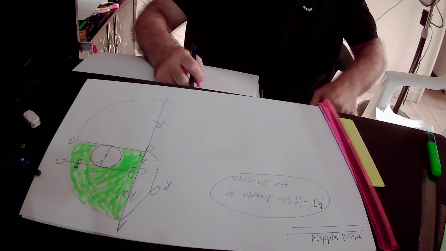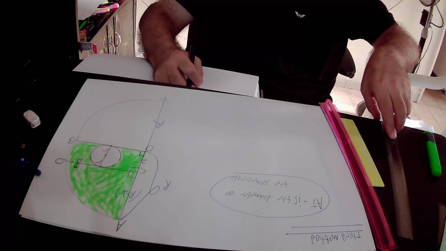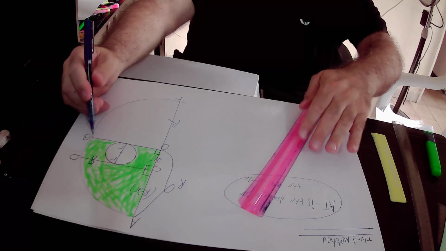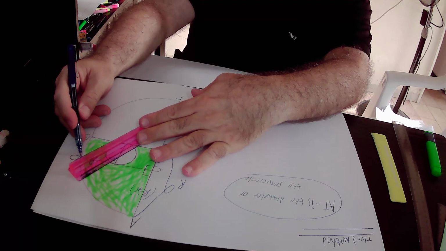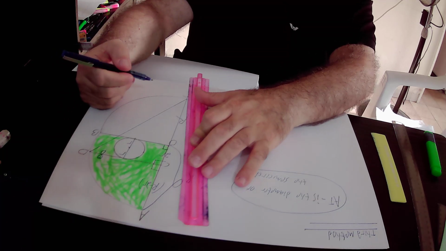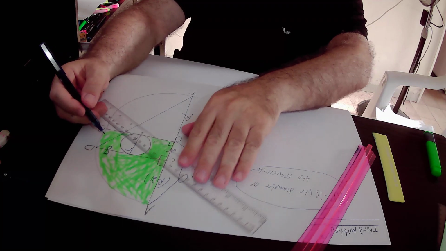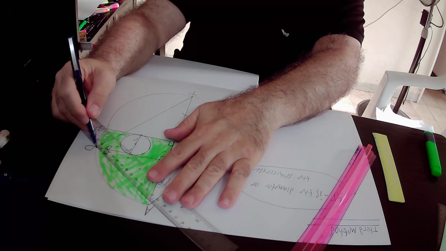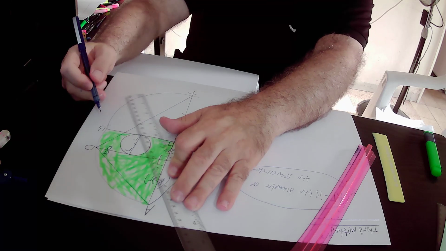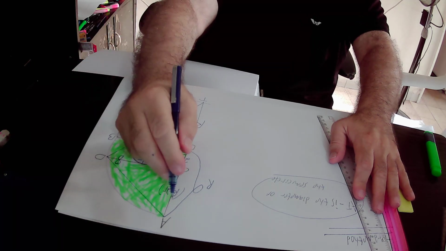In the next step, we'll join points T and D together by a straight line. We join points A and D together by a straight line. So here we created peripheral angle ADT.